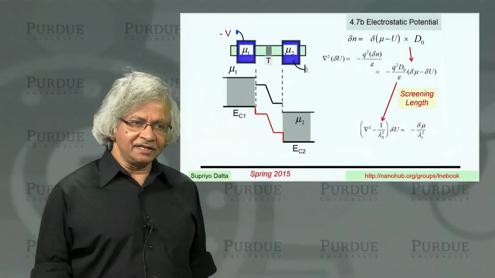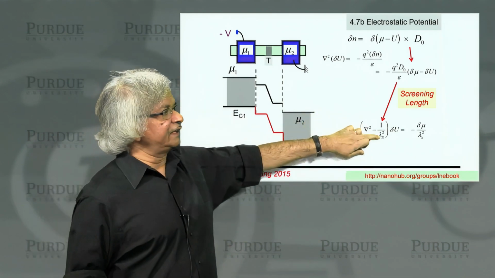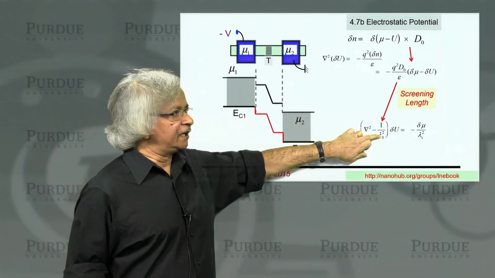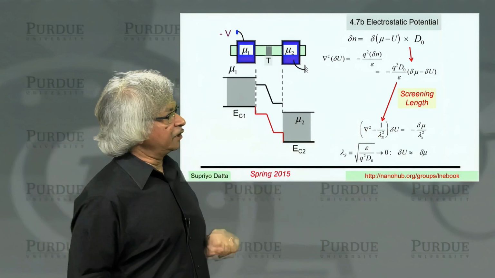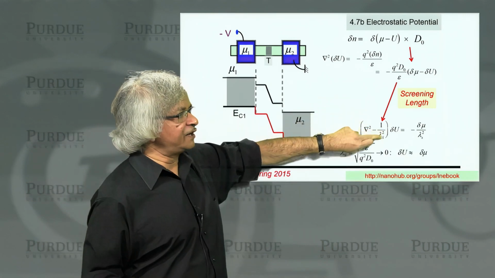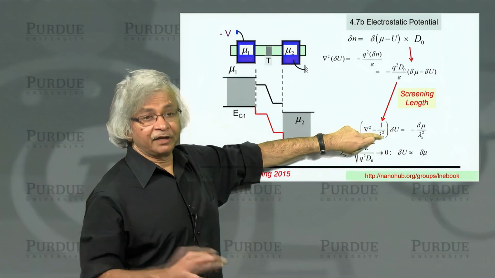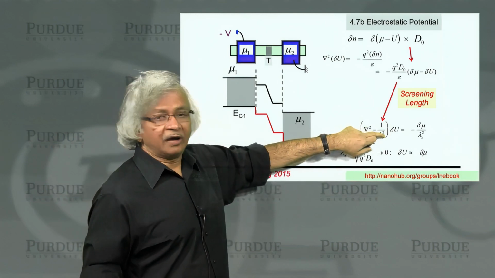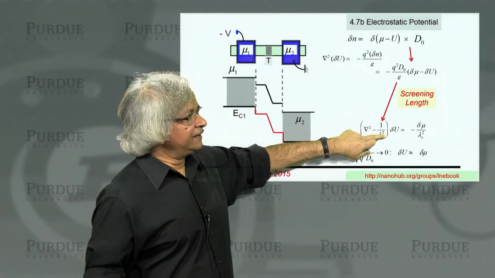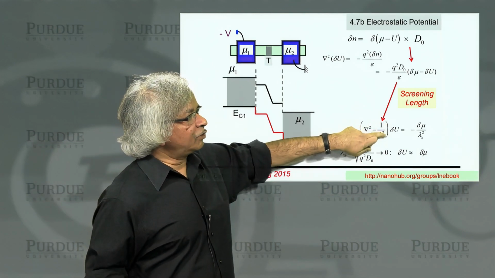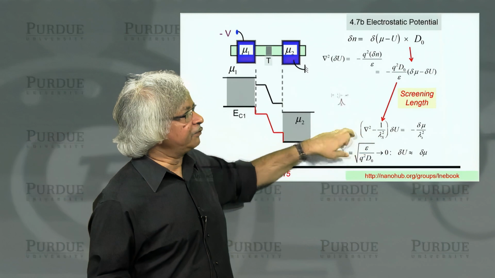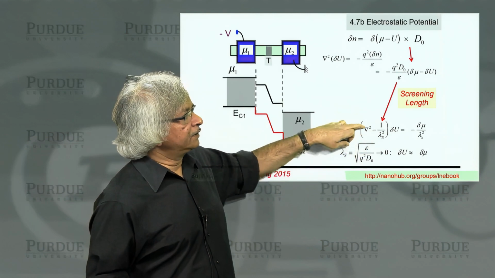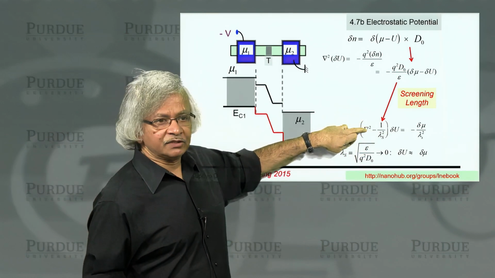Well, actually it's very easy if the screening length is very short. Because if this is very small, like a very conductive medium, with a very high density of states, then that quantity is so big that you can drop this first term, the del squared.